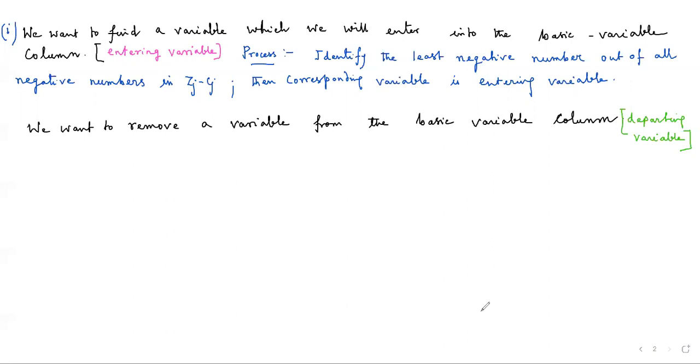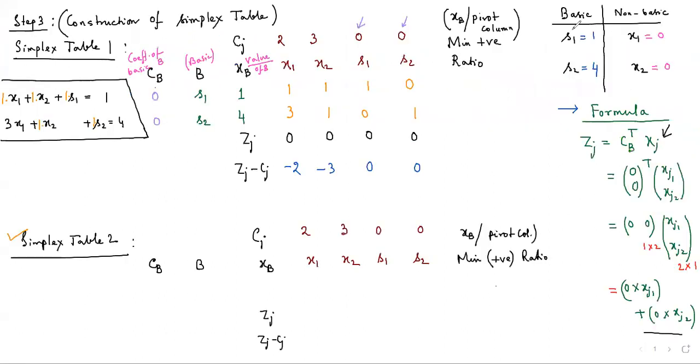I'll come back to this particular page, but let me talk about what I'm going to do over here at this point. Just look at the negative numbers which are present over here, -2 and -3. Can you tell me which one of them is the least negative, whether -2 or -3? -3. Okay.